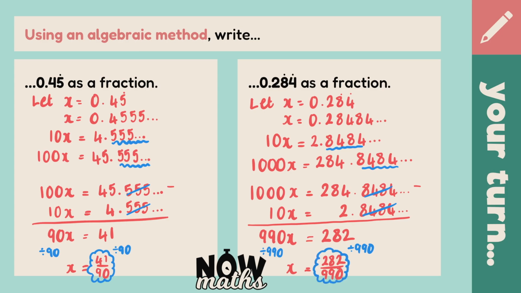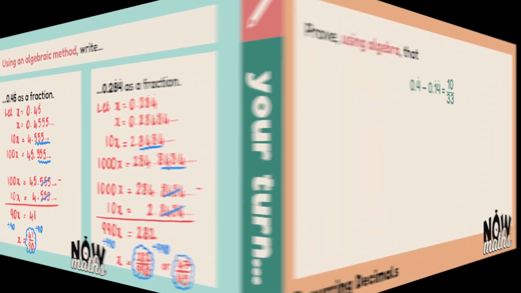This question doesn't ask you to, but this second fraction does in fact simplify to 47 over 165 if you were to divide numerator and denominator by 6. Either answer is perfectly acceptable.